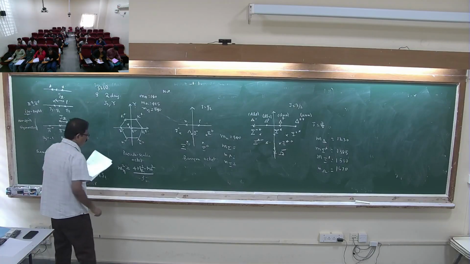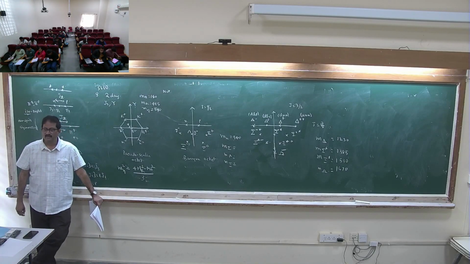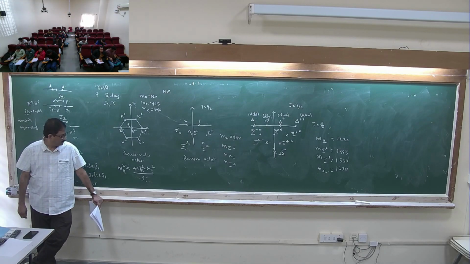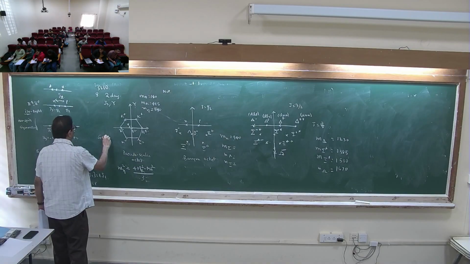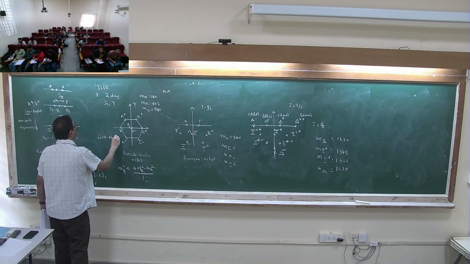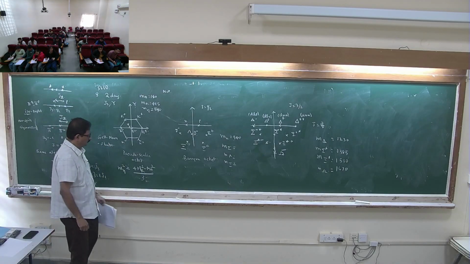Please predict the mass of the eta. Take out your pocket calculators or whatever calculators. Tell me what is the prediction of the mass of the eta from this formula. So this is called the Gell-Mann–Okubo mass relation.